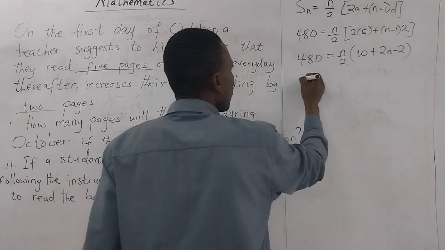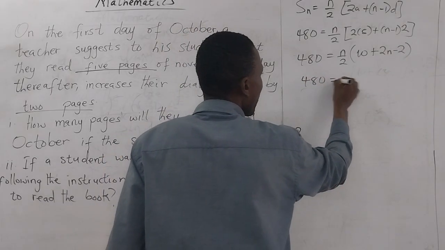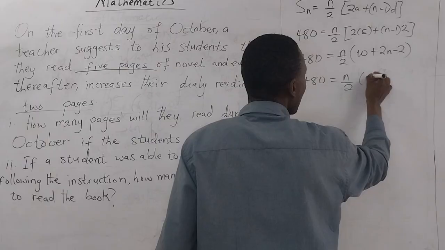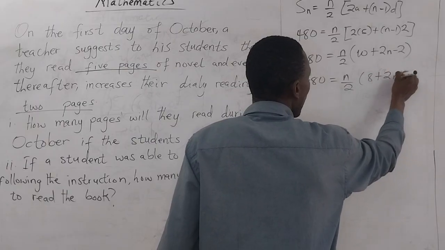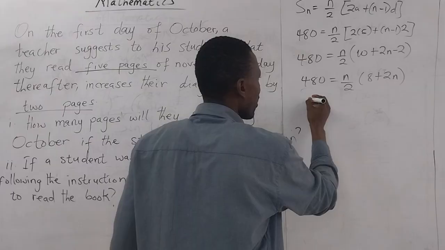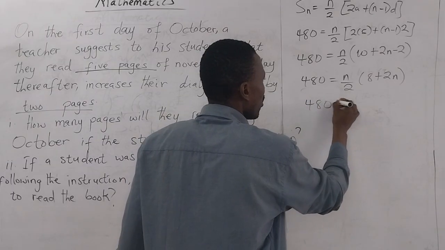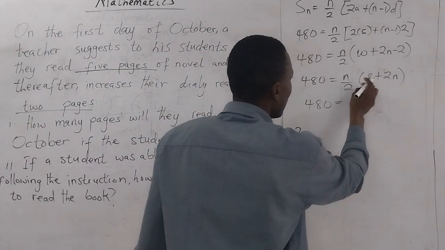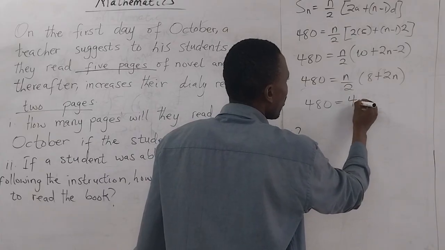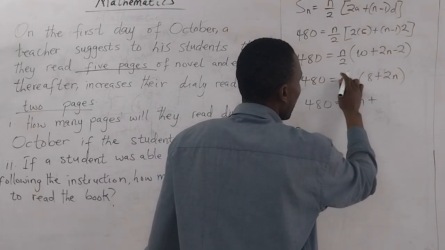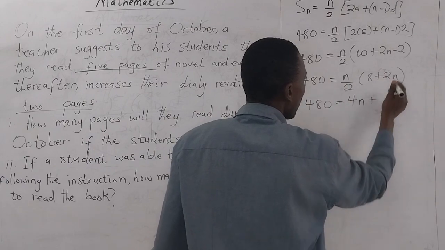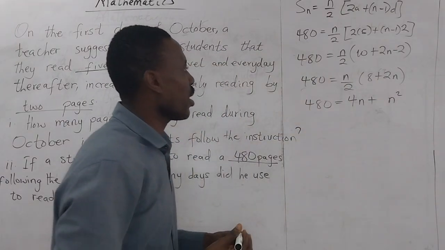Now the one in bracket, you can go ahead and simplify further. 10 minus 2 will give us 8 plus 2n. We can again simplify by removing the bracket. Let's apply the distributive property. So the 2 will cancel out, 8n over 2 gives 4n, plus 2n squared over 2 gives n squared. These 2 will nullify. So at the end of the day, you get something like this.